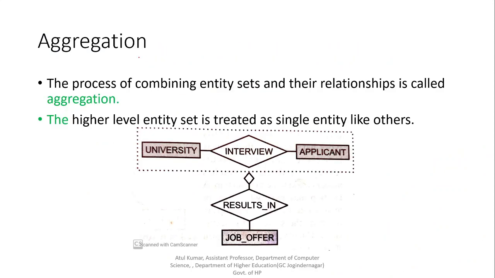Next important feature of the enhanced entity relationship model is aggregation. It is a process of combining entity sets and their relationships. So if we combine entity set and the relationship, then it is called aggregation. The higher level entity set is treated as a single entity.